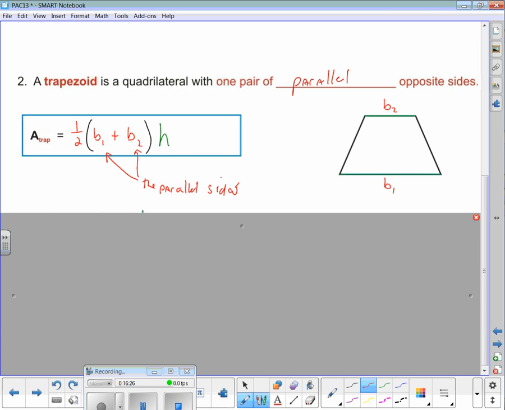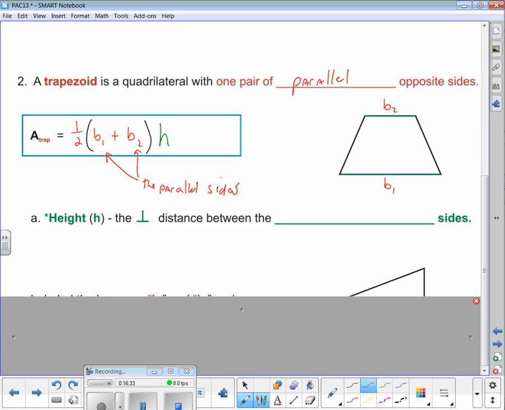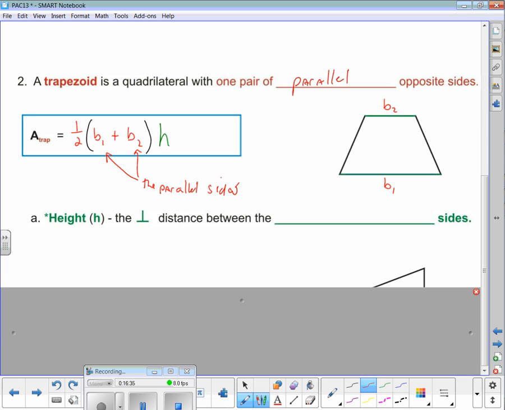Base 1 and base 2 are always the parallel sides. Height, we already learned, is always the perpendicular distance between the parallel sides on this one. Height is the perpendicular distance between the parallel sides.